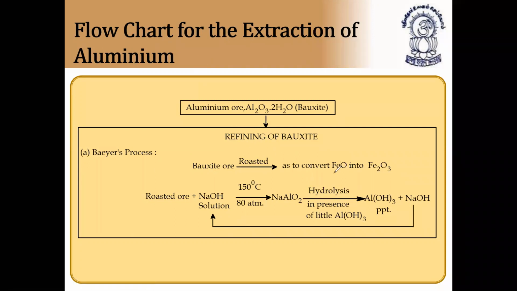We apply Bayer's process when bauxite, also called red bauxite, contains iron oxide as impurity.